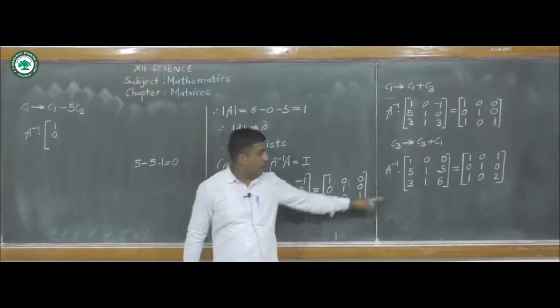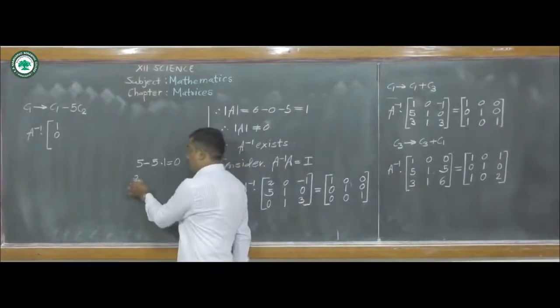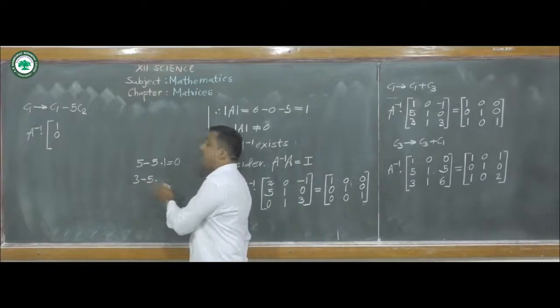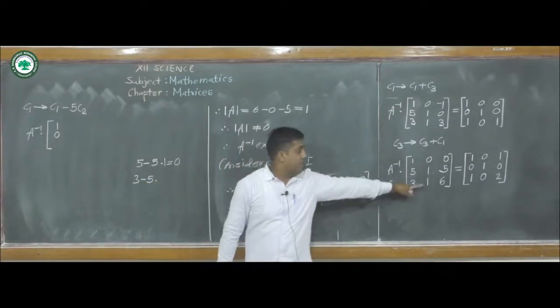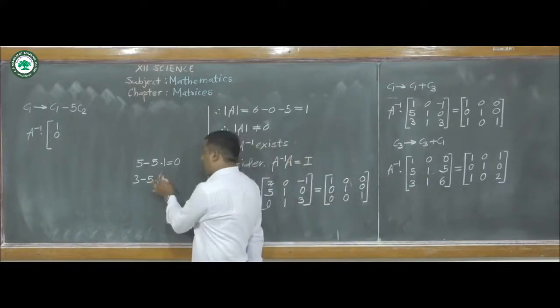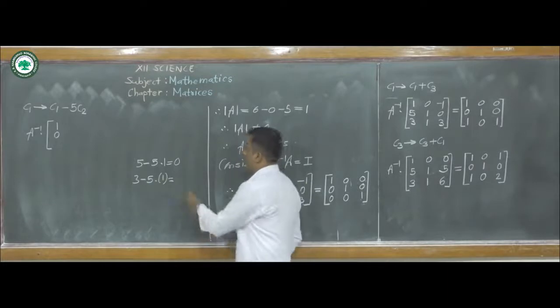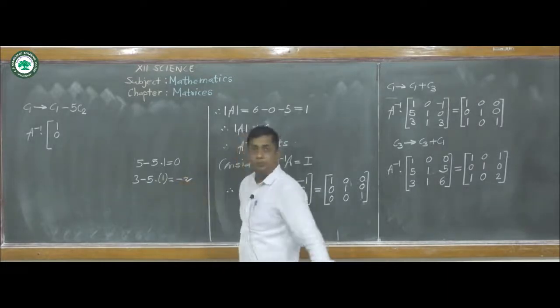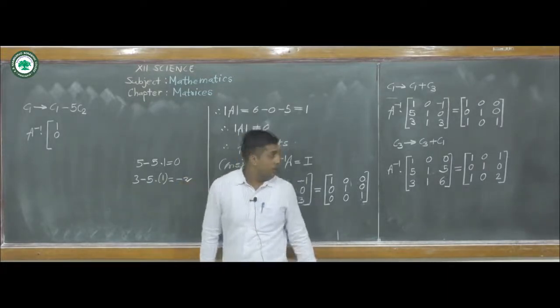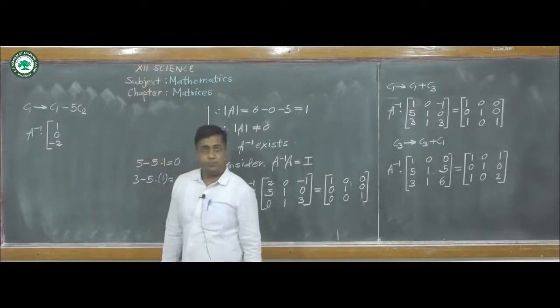Next, the last element from column first is 3. So 3 minus 5 into the last element from the column second, which is 1. So 5 into 1, and we know 3 minus 5 is minus 2. Okay, so in the last we get minus 2.